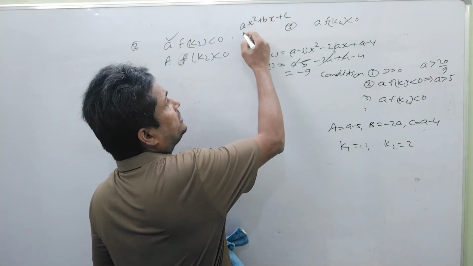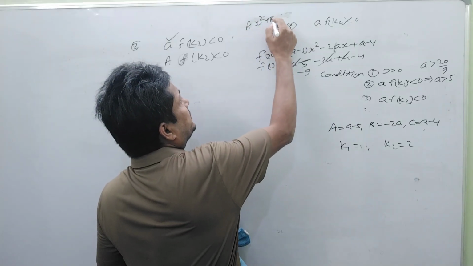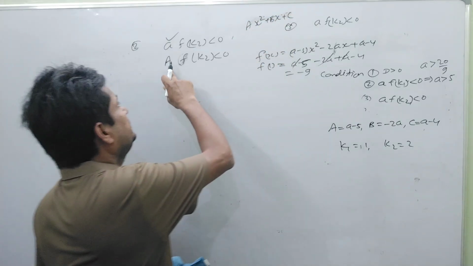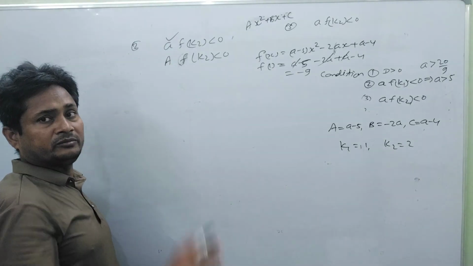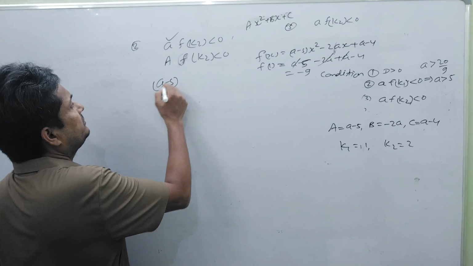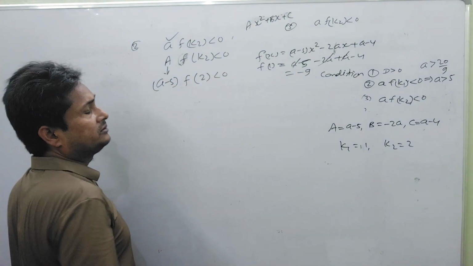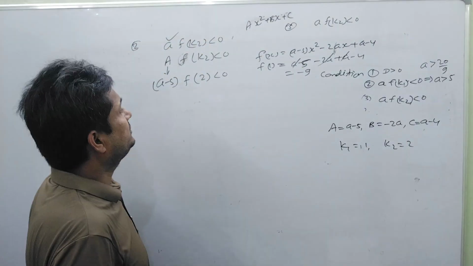But we are comparing with capital Ax square plus capital Bx plus capital C. So in place of small a, it will be capital A. So A is a minus 5, f of K2 is f of 2, and this is less than 0.